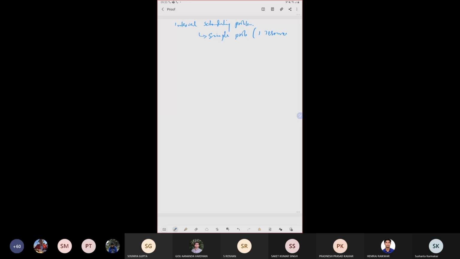Now, if it so happens that after solving this simple problem, a next problem comes, or a slight modification is possible, which says, okay, I now have no limit on resources.